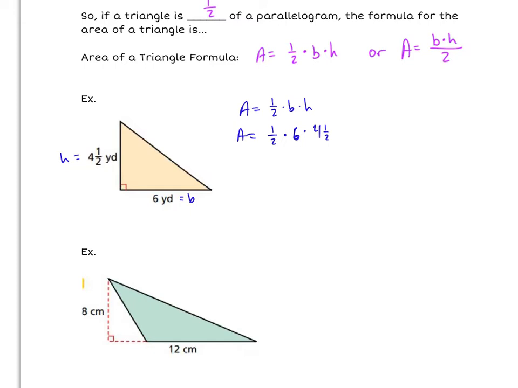You plug those numbers into your calculator, 1/2 times 6 times 4.5, and you get 13.5. For this one, we put the units of yards squared, because we are doing area. So all of our answers will have a unit squared.